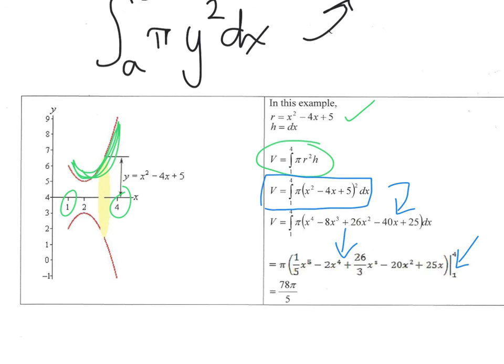And for this geometrical three-dimensional shape, remember this was our function, and when we rotate it around the x-axis, we called it maybe a solid candlestick. We got a volume of 78 pi over 5, and that really is in units cubed because it is volume. Now go ahead and look through the rest of this packet and try the problems.